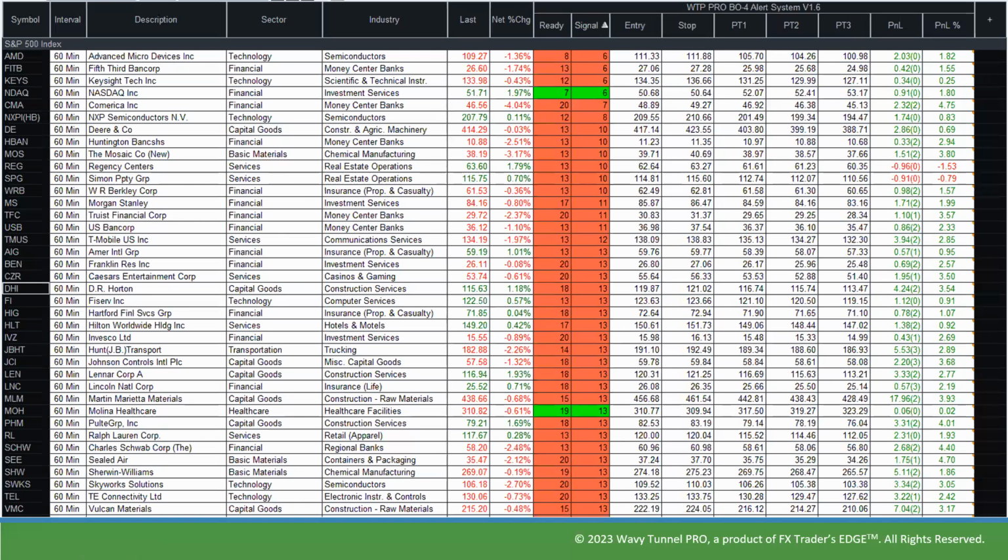Now, I did scan on the 60-minute yesterday. Okay, I scanned on the 60-minute. Look at this. All reds. This was yesterday. All reds. Okay. So this tells us that we have hit some profit targets on the day, maybe on a higher time frame, and that we will have some sort of a correction.